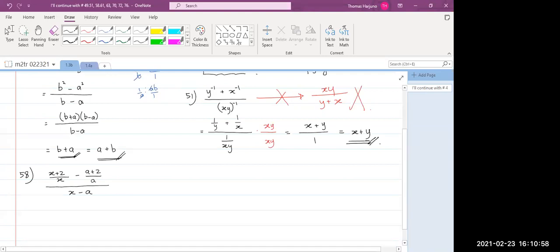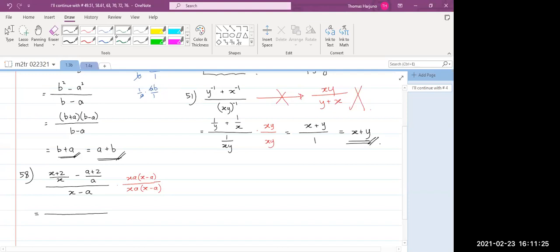Now, the LCD is x and a and x minus a, so x times a times x minus a. I think it's supposed to be ax, but that's multiplication, it's okay. So I will multiply the top and the bottom by x times a times x minus a.